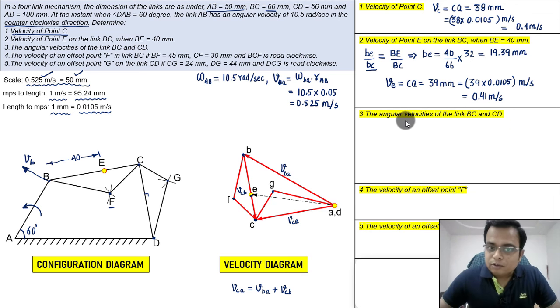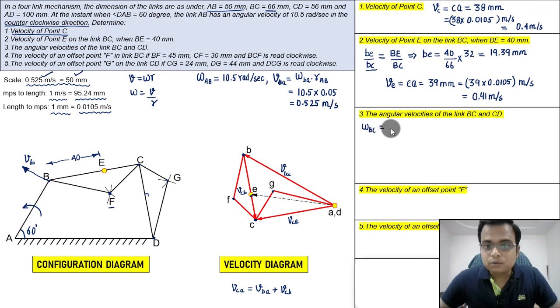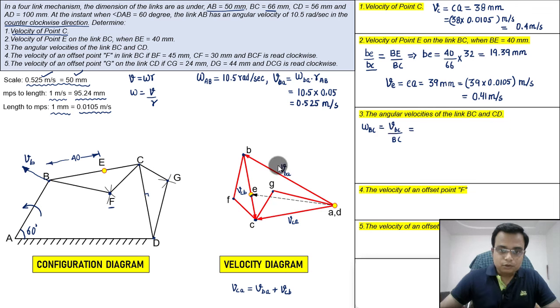Then we need to find the angular velocity. Now guys, remember, there is a relationship V is equal to omega r. Similarly, omega can also be written as V over r, and we are going to use this omega for BC. Omega BC is equal to V BC divided by r. R is BC itself, this length BC. So how much is V BC? From B to C, you need to calculate this distance BC. We already calculated it.